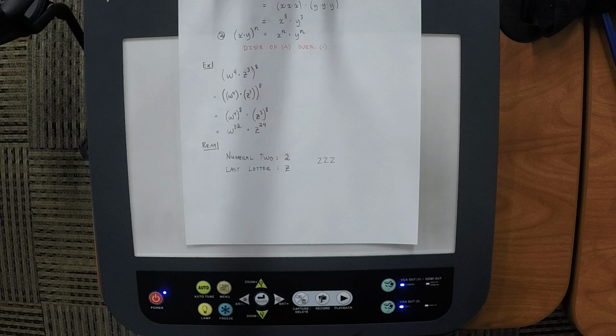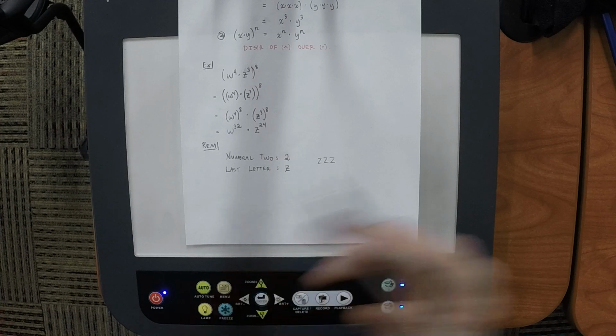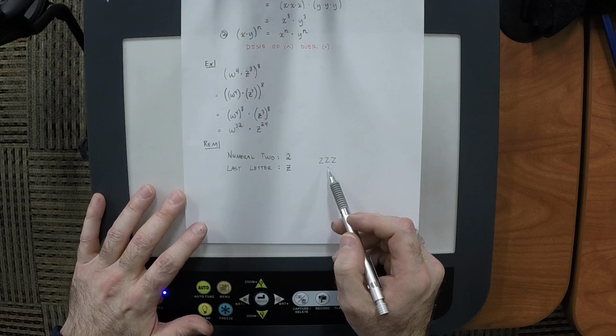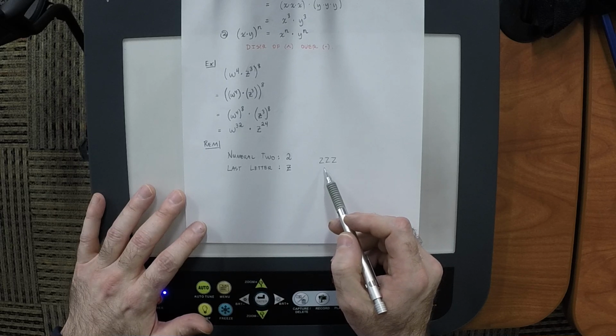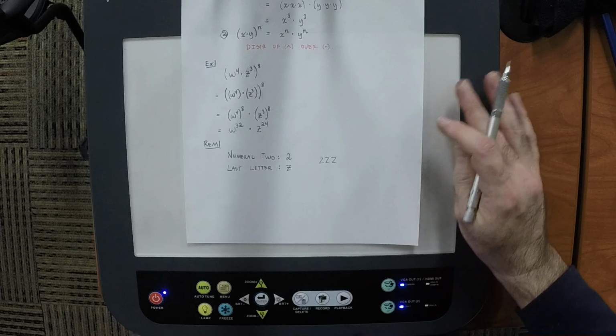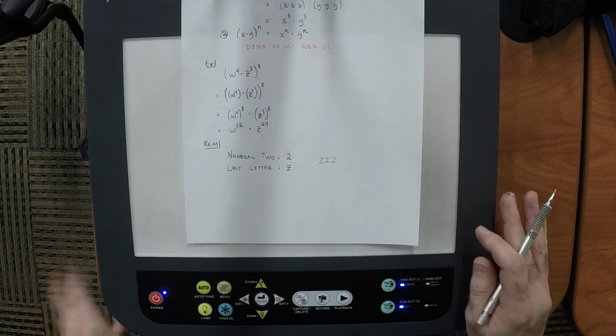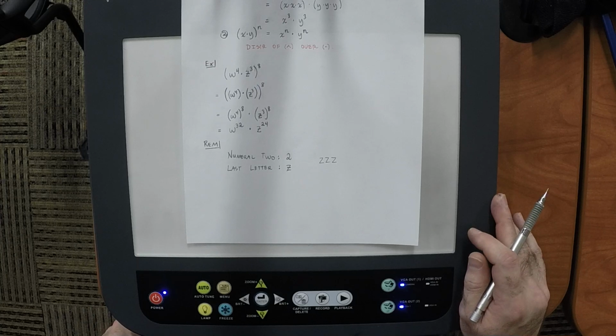All right. So what do you think? What could it be? Any guesses? 22z? You're close. But it was actually supposed to be 2 multiplied by z multiplied by z.